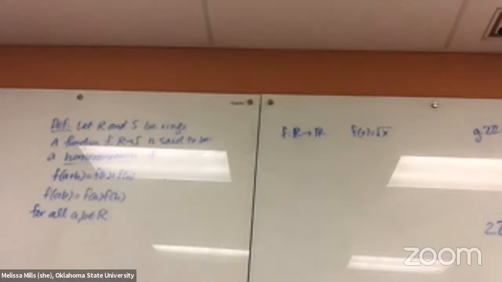Okay, and then let's say H is this map from R to M of R, and this is the ring of 2 by 2 matrices with entries in R. So that's the notation we've been using for that. Okay, and here's how H is defined. H of A equals the matrix negative A, 0, A, 0.